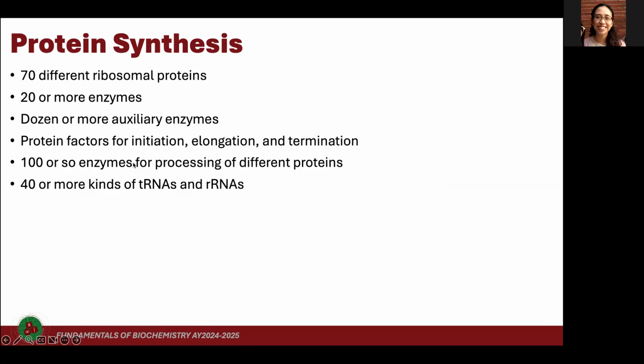And once you have the protein product from your mRNA transcript, the story doesn't end there. So there are 100 or so enzymes that are involved in the processing of the protein that you have synthesized. And aside from this, we also have the tRNAs and the rRNAs that are involved in this process. So there are at least 40 of these.